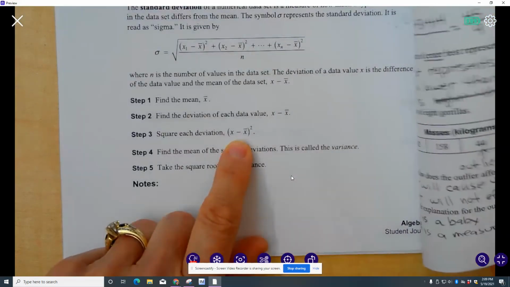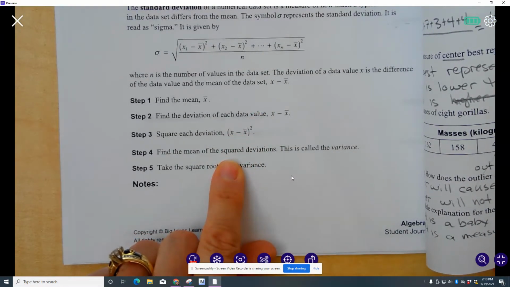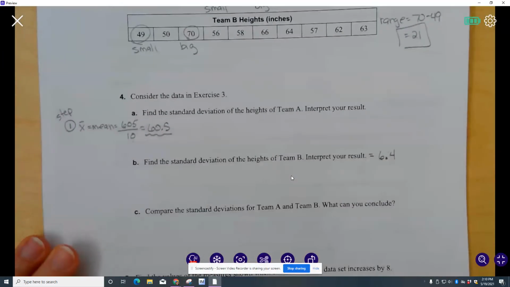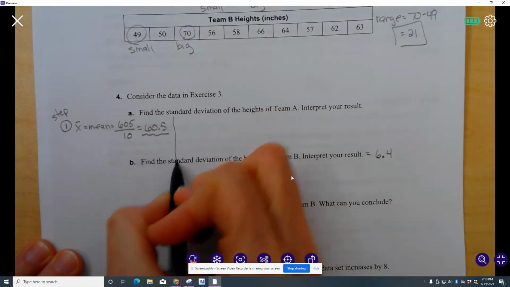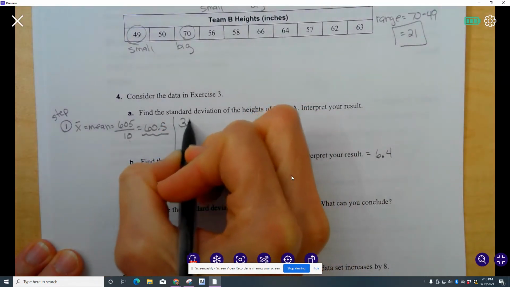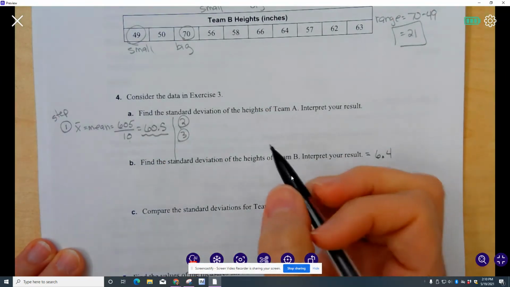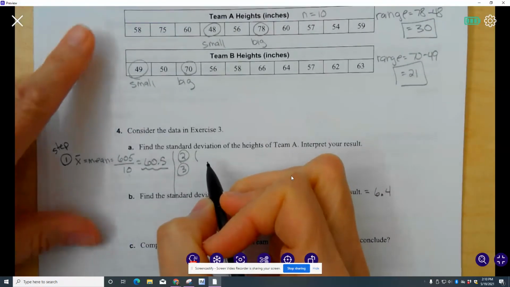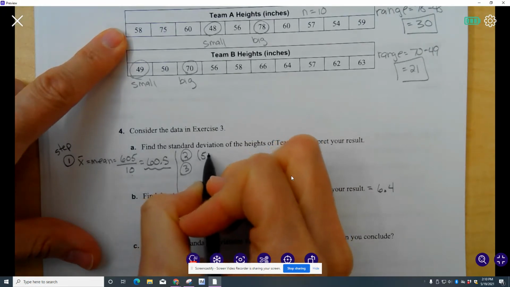And what we're also going to do is add all these together, because step 4 requires us to add them all together. So this is step 1. Now we're about to do step 2 and step 3. So what we're going to do is take each height in our list. I'm going to write out a few of these, probably not all of them.